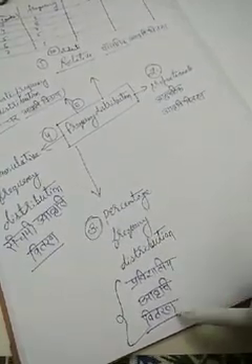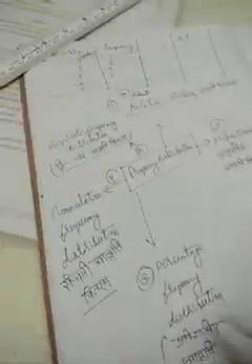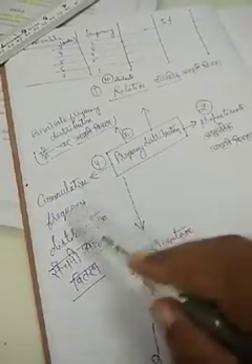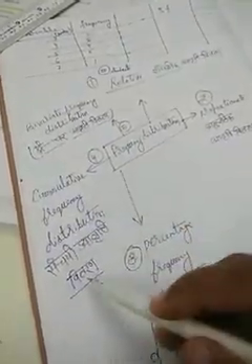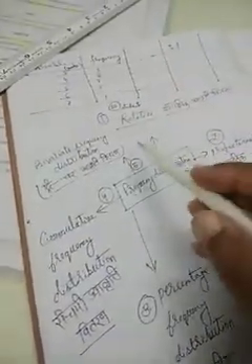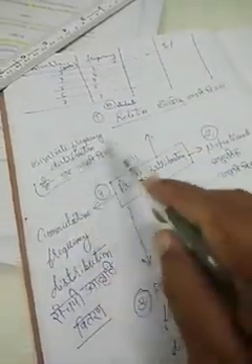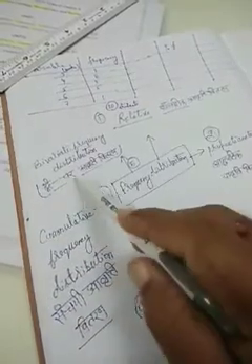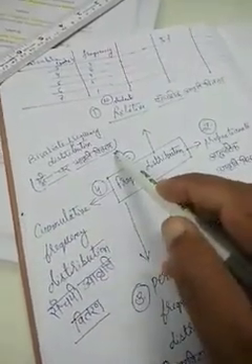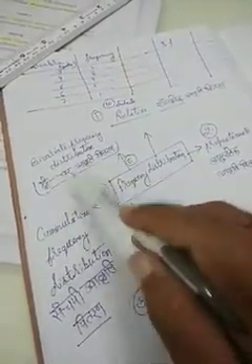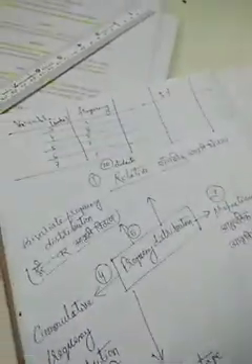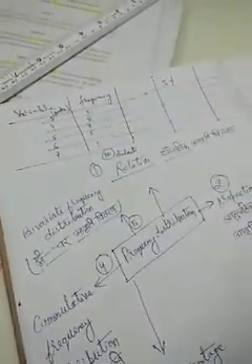The fourth one is cumulative frequency distribution. And one more variant is bivariate frequency distribution. When there are two variables, it is called bivariate frequency distribution.